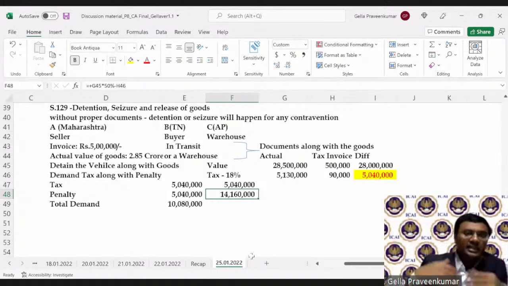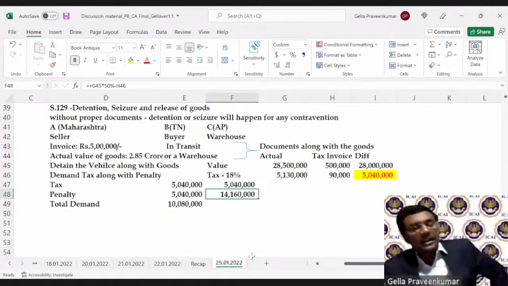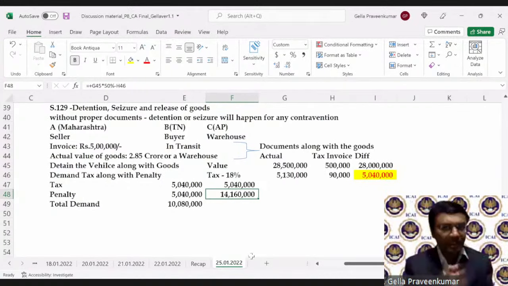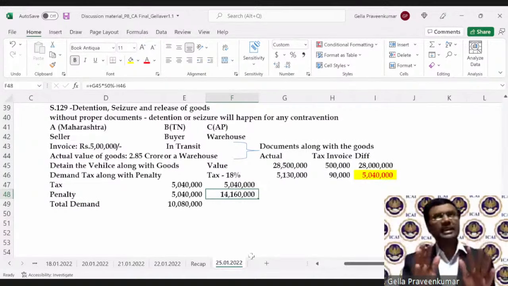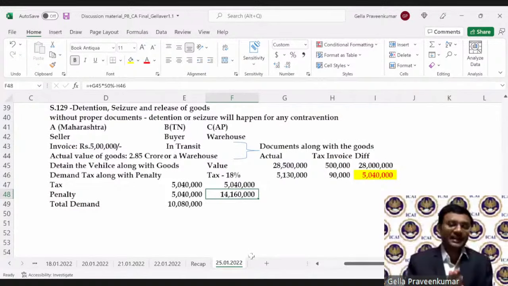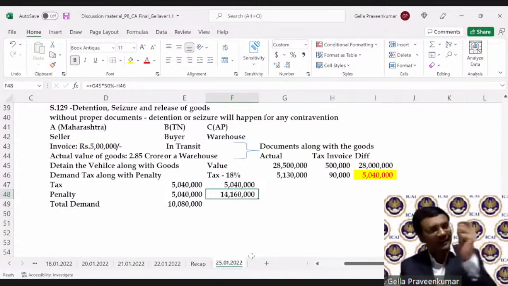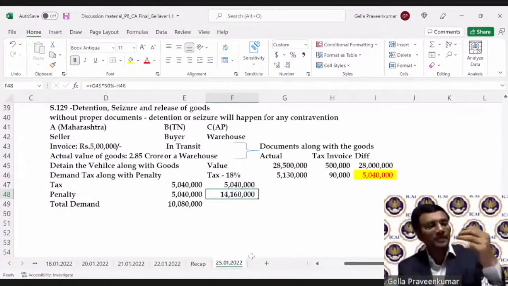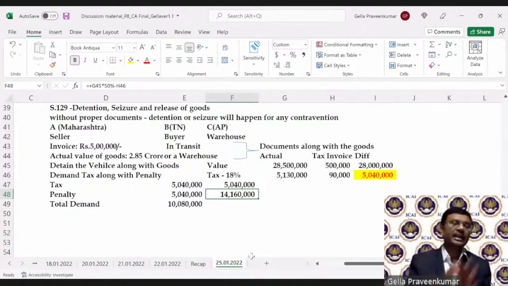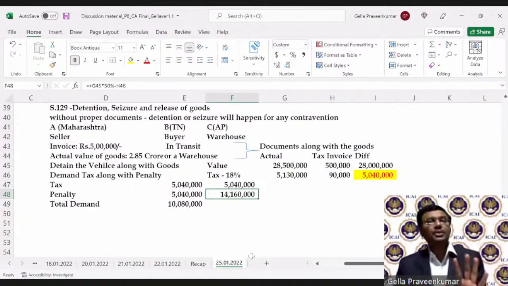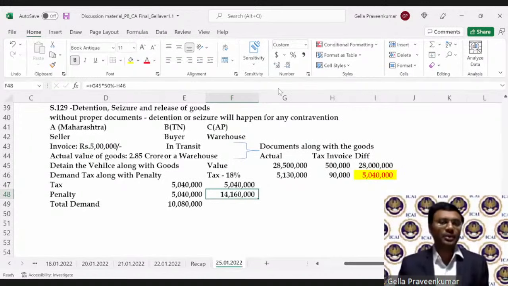Unfortunately, it is the way the officers look at the e-way provisions, but I would say there is a strict vigilance in Kerala, and for every small and apparent mistake, they issue a penalty under Section 129. As of now, for your academic purposes, this is the law as of today for your November 2022 attempt.